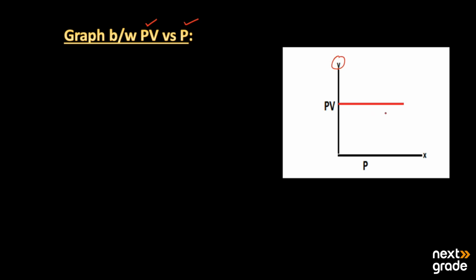What does this straight line mean? This straight line, parallel to the pressure axis, indicates that K is a constant quantity. K is the proportionality constant of Boyle's law.